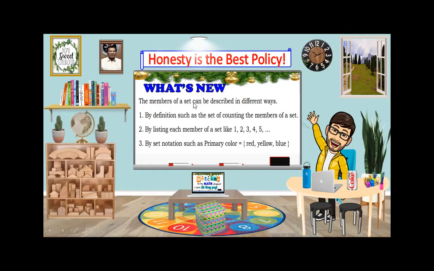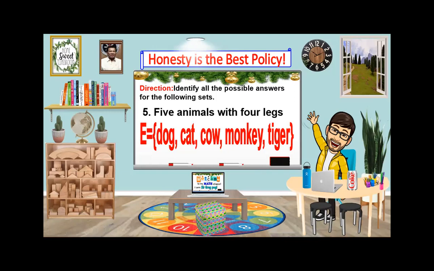Counting numbers greater than 8, yun yung 9, 10 pataas. Then number 3, set notation, like primary colors. Ilalagay natin sa loob ng bracket. Lahat ng example natin kanina ganun po ang presentation. Parang set notation na siya.